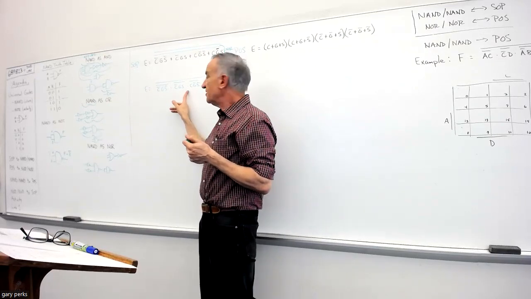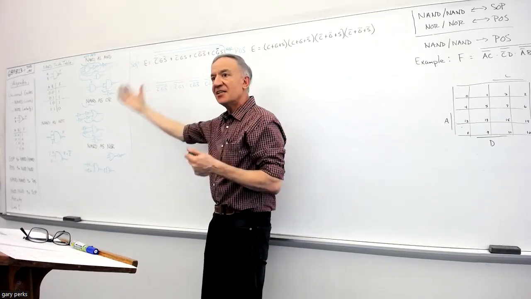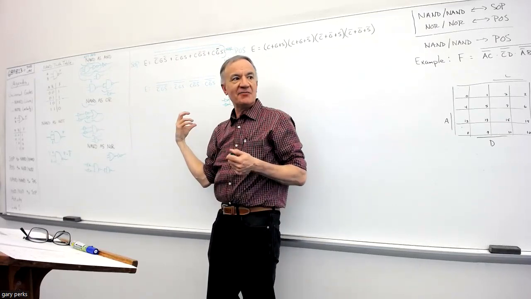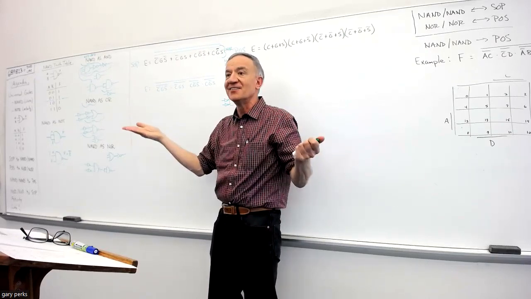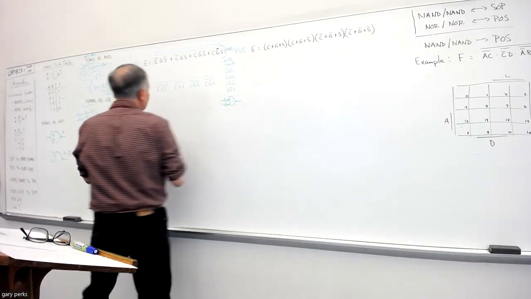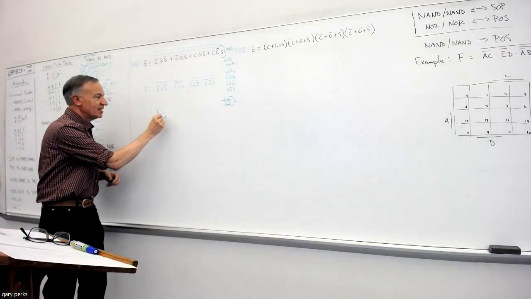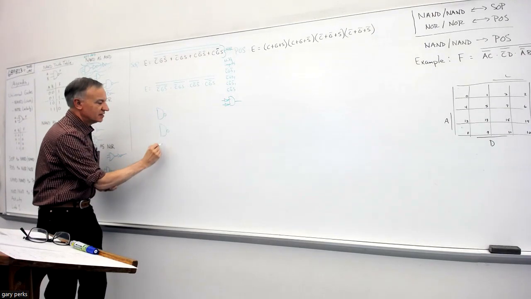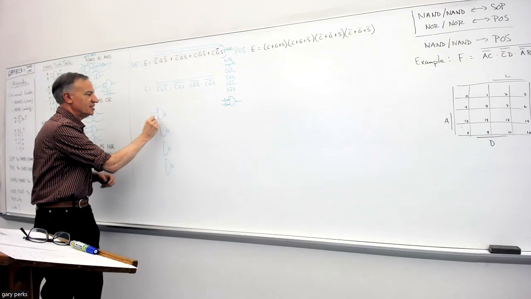Well, with NAND, you're NANDing multiple times, and then you're NANDing one big time after that. So all your gates are NAND gates for a NAND. That's why it's called NAND. So the logic diagram for a NAND is going to have multiple NANDs, and these would all have 3 inputs.